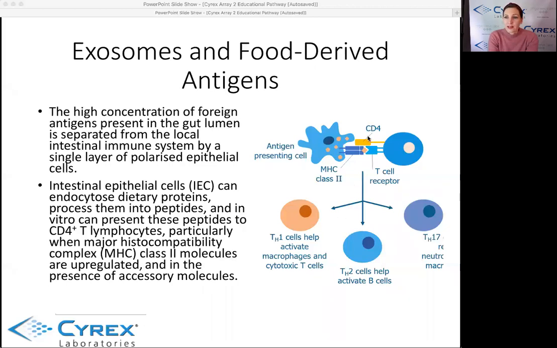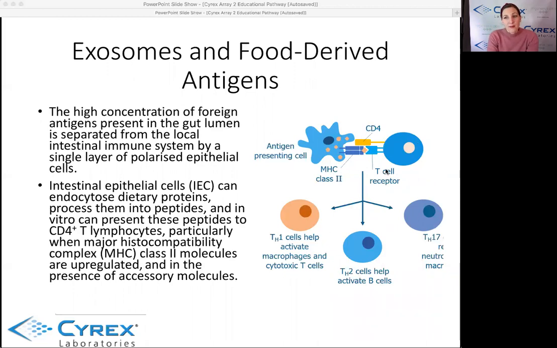And we see here the CD4 positive receptor on the T cell in conjunction with the antigen presenting cell with MHC class 2, the major histocompatibility complex class 2. When you have this interaction, then we have the ability to call into action or to upregulate Th1 cells, Th2 cells, and Th17 cells.